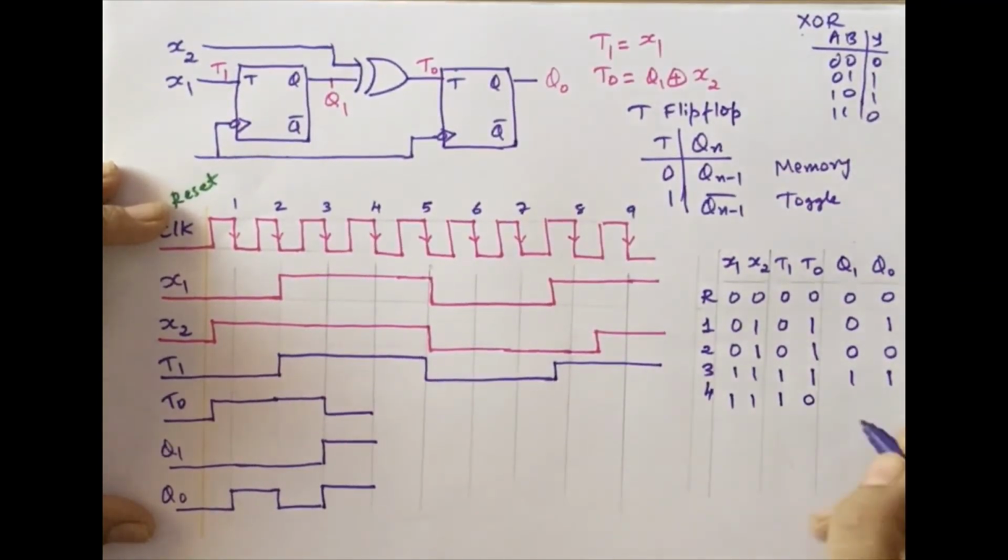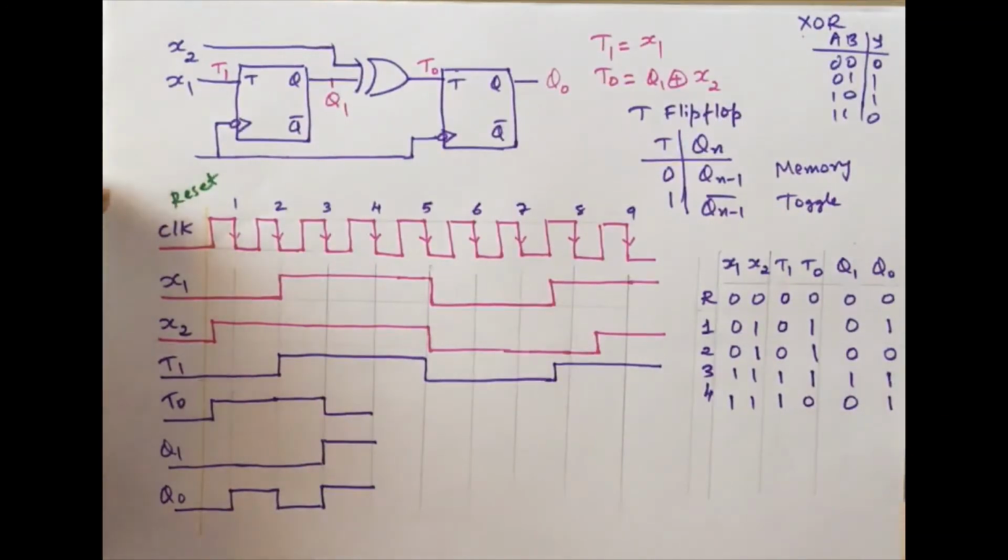So the first flip-flop will toggle and the 0th flip-flop will remain in memory state. This way we can complete for all other cycles and we can represent the output in graphical as well as in tabular form.